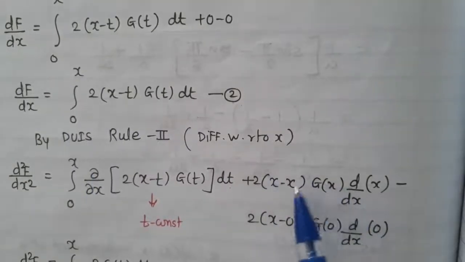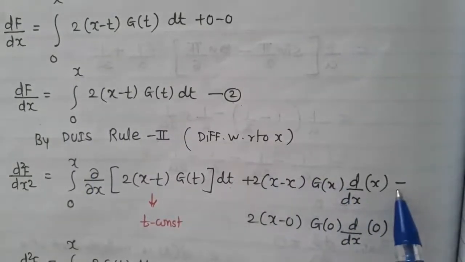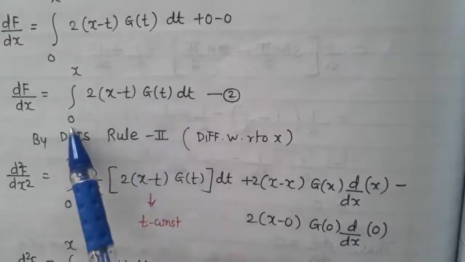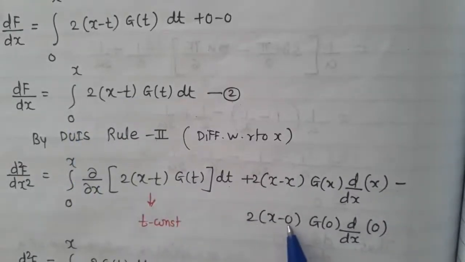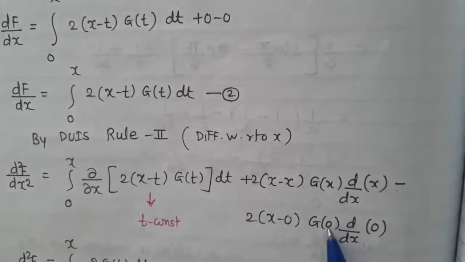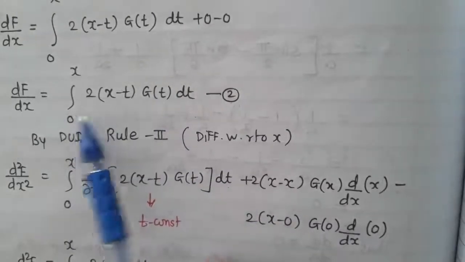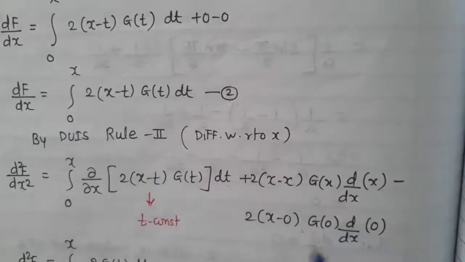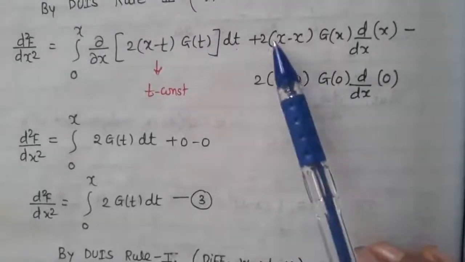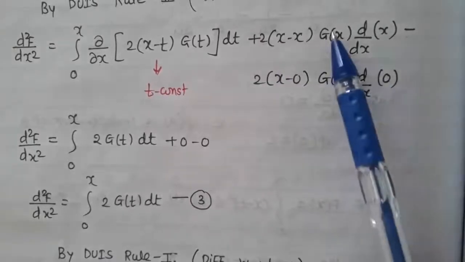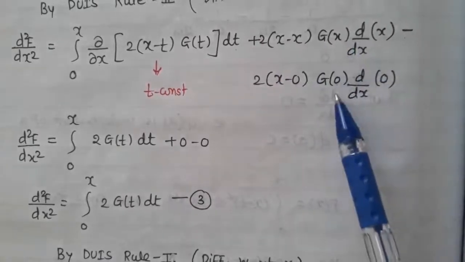So all these terms are here, minus value of the function at the lower limit, replace each t by 0. So this is 2 times (x minus 0) g of 0, and derivative of the lower limit with respect to x. So in this step, x minus x becomes 0, then this becomes 0, so the last two terms become 0.